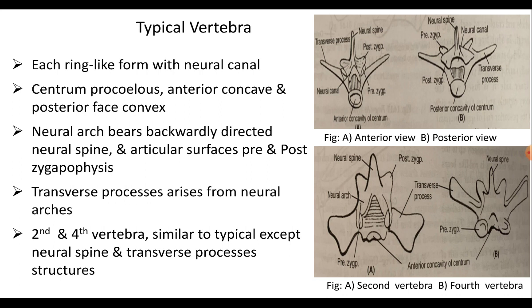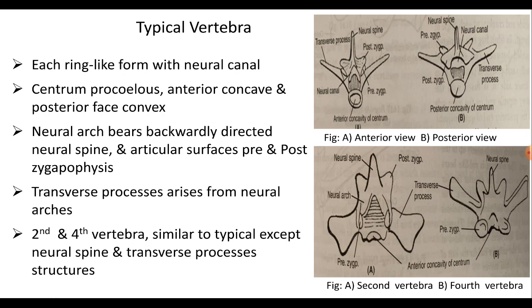And at the sides of neural arch, it bears a pair of elongated, outwardly directed processes called the transverse process, which extend almost at right angles to the body. The anterior and posterior margins of neural arch bear articular facets called pre-zygapophysis and post-zygapophysis respectively.